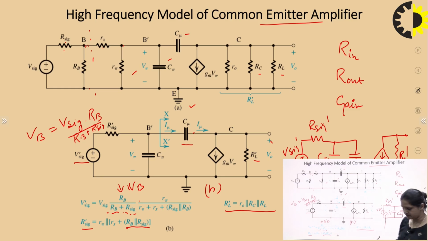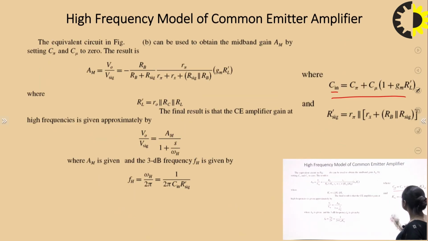So this C in can be given by C pi plus C mu times 1 plus gm RL dash. This is the formula for C in using Miller's theorem. You can calculate this value of C in at the input side, so directly I have written this formula.